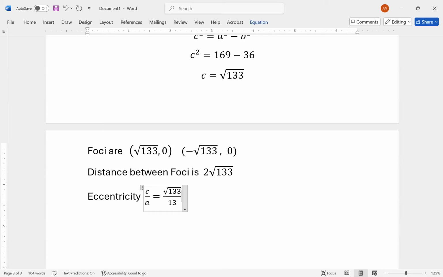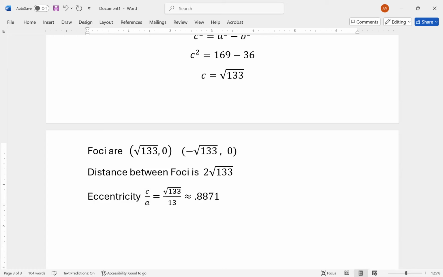Once again, if you calculate the square root of 133 and then divide it by 13, you get an approximation of about 0.8871. So there you go.